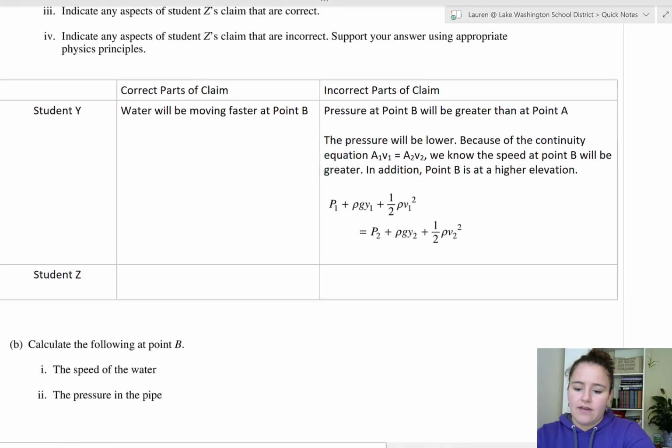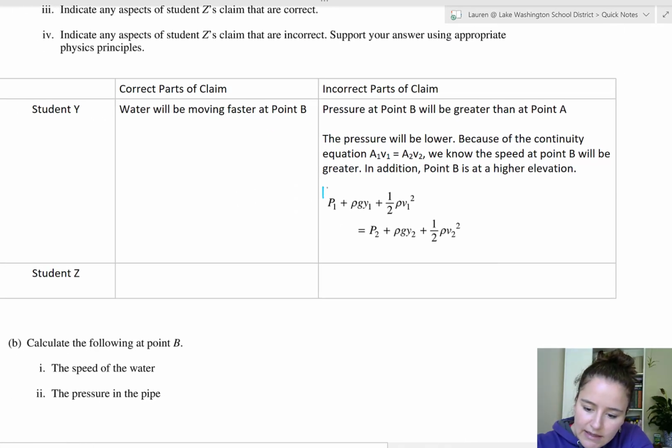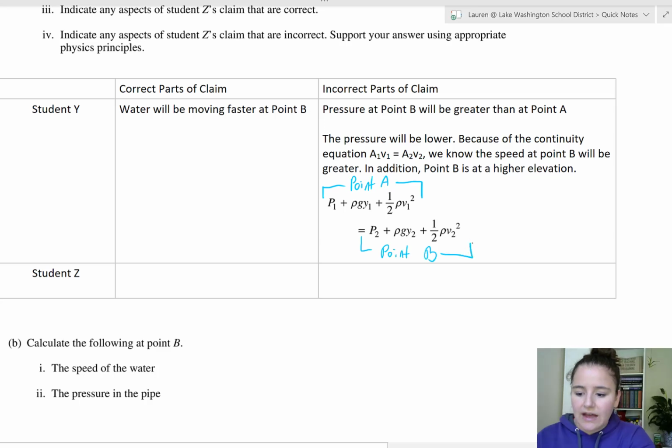So if this is at point A and this is at point B, we know these have to be equal. But both this term and this term in Bernoulli's equation will be higher at point B. It's going to be at a higher height and going at a faster speed.